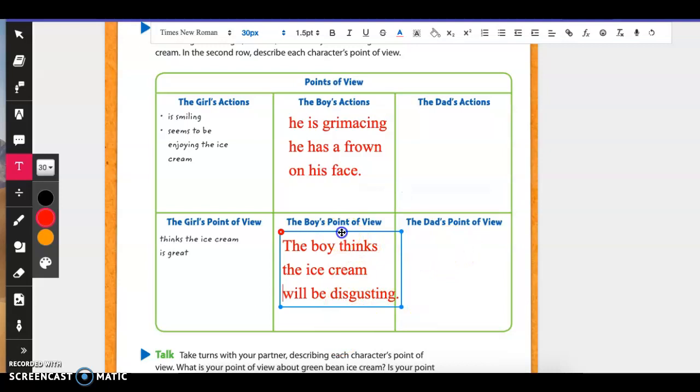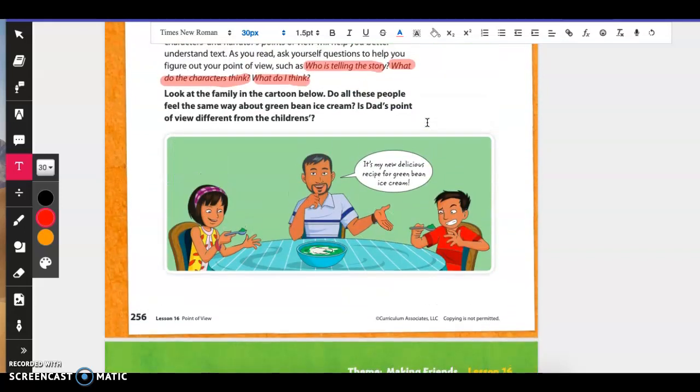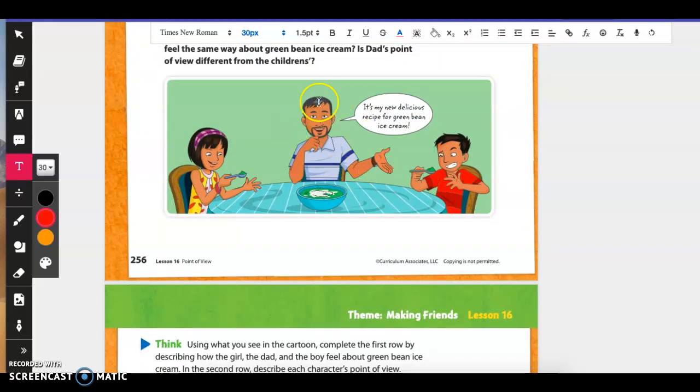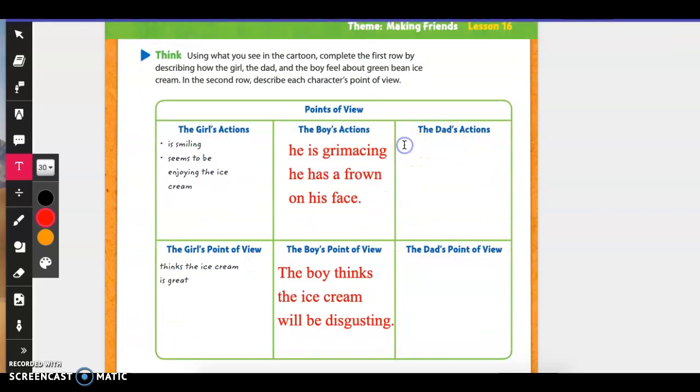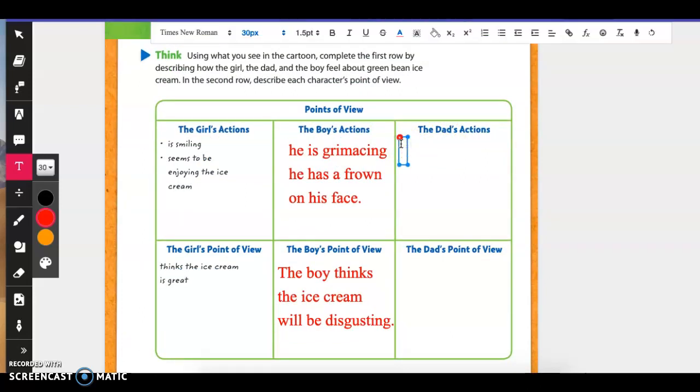There's no way I'm sitting here. When the dad's actions, if we go back and we look at the dad, we can see the dad's face. He looks pleasant, he looks happy, and he looks really proud of his green bean ice cream. So we're going to write up here the dad's actions. He is smiling.